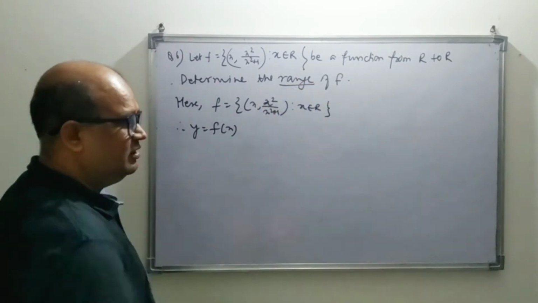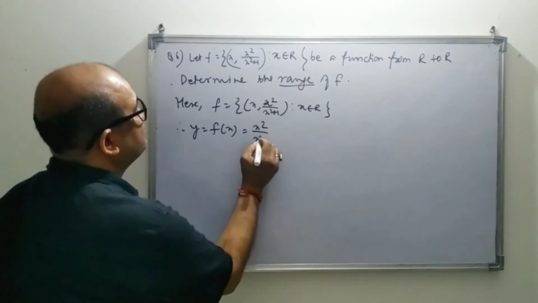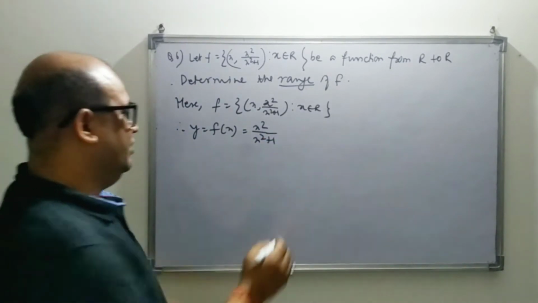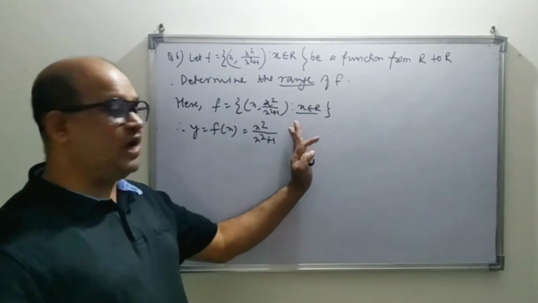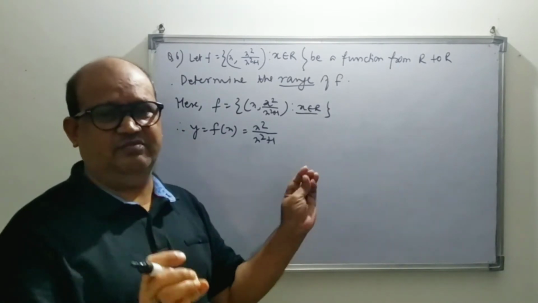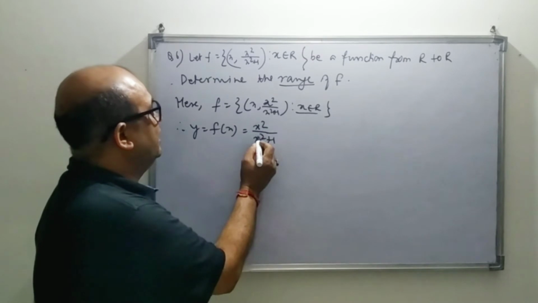Range means y. y = f(x) = x square upon x square plus 1. Now for x belonging to R, the square of any real number is always positive. Since x square is positive and 1 is positive, 1 plus x square is positive.